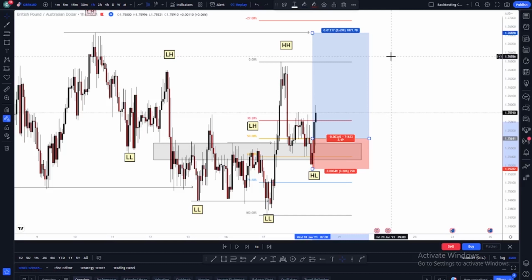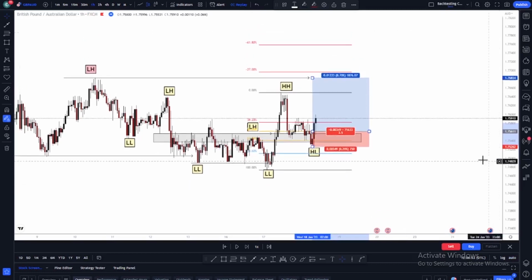The H4 was bearish at the time this trade was happening, so it will be much safer if we put our second take profit right at the H4's lower high.